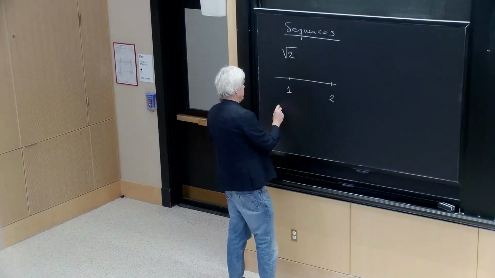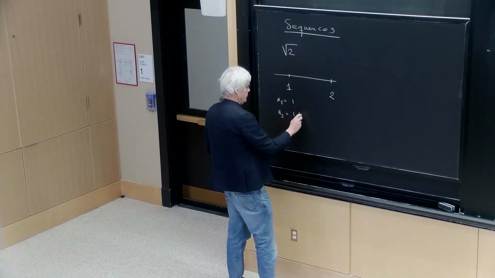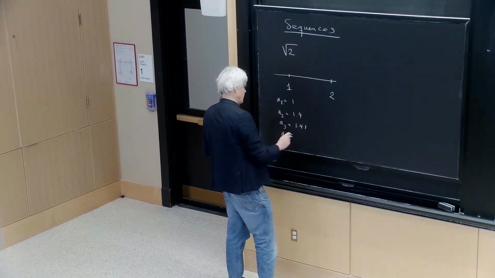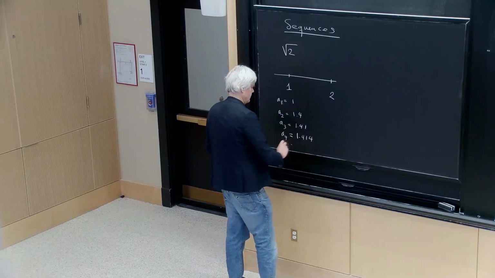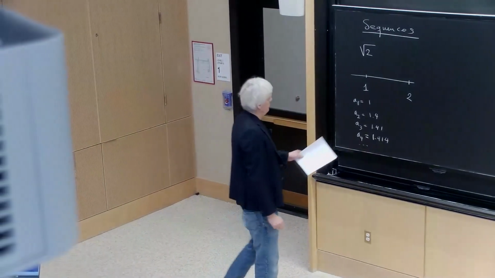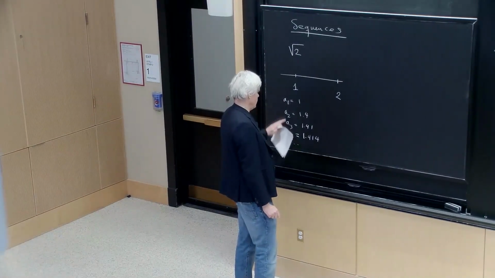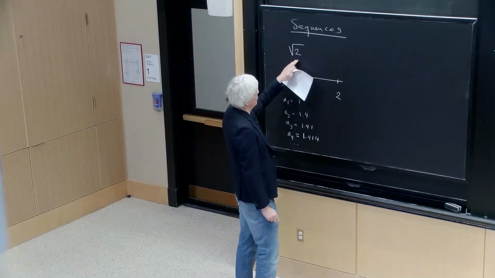We could define a sequence of numbers where the first one is 1, the second one is 1.4, the third is 1.41, and the next one is then the next digit in square root of 2, so 1.414, etc. This is a sequence of numbers that are increasing, and it is square root of 2 where you're taking more and more digits.